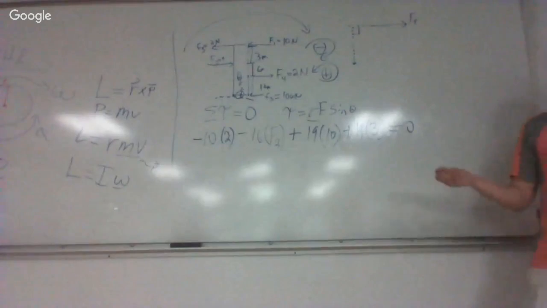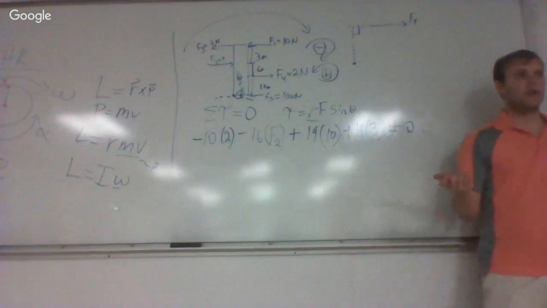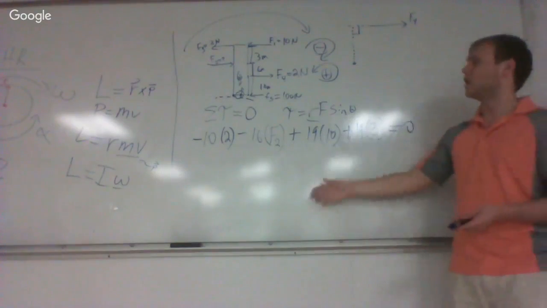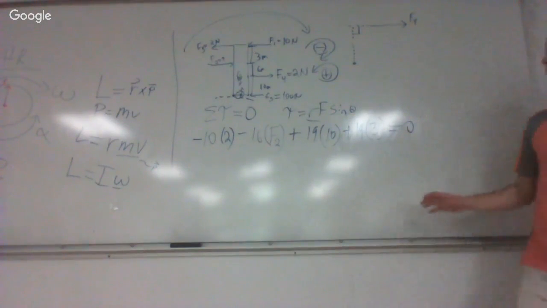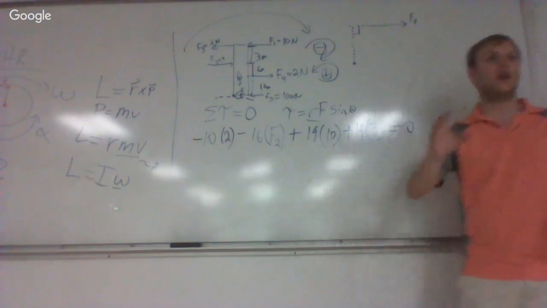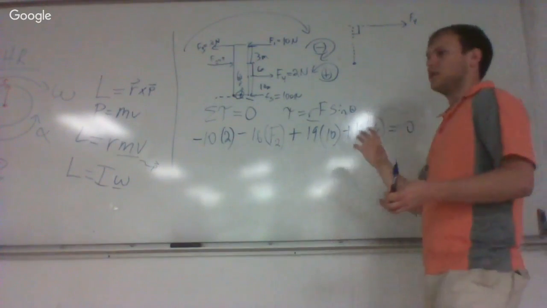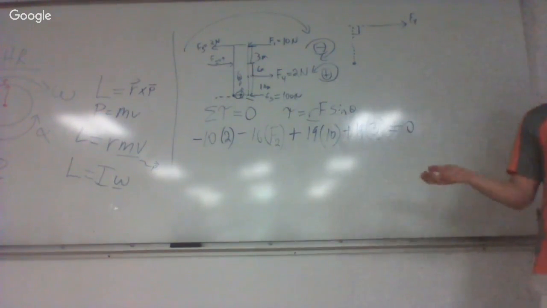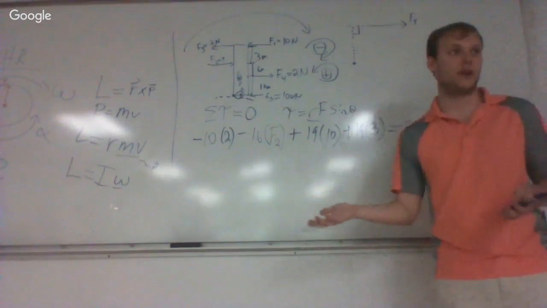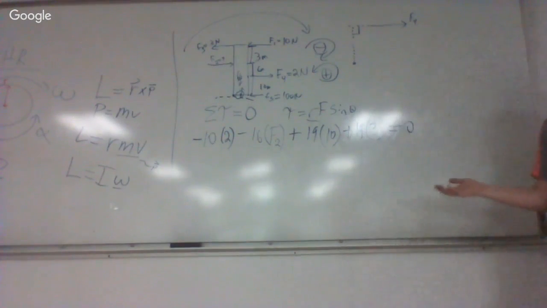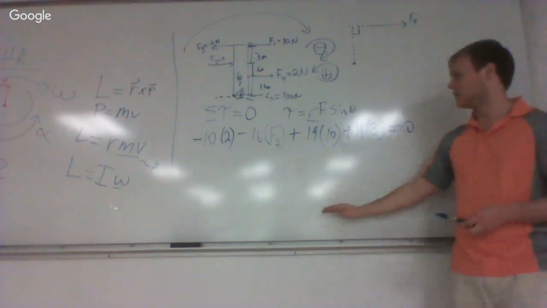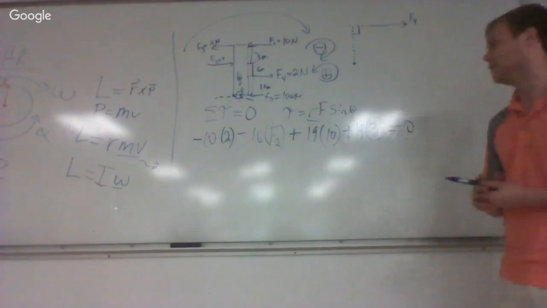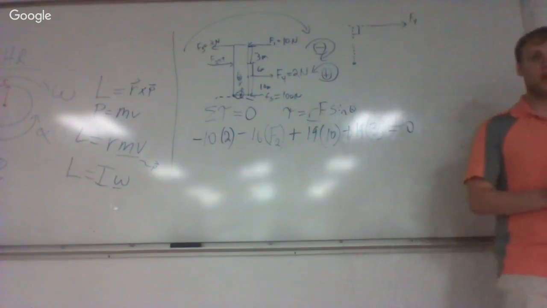For static problems, there is no torque, no rotation, and no linear movement, so we can also use the sum of the forces. All right, that is this problem. That is all you need to do. It was not too hard.